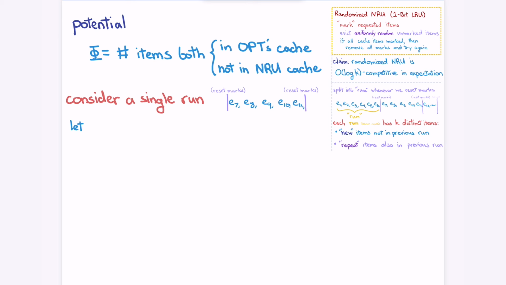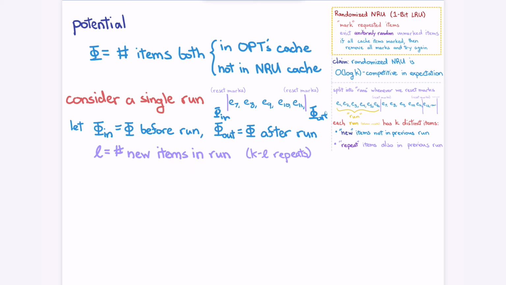Let's look at a single run. We're going to let phi in denote phi at the beginning of the run, and phi out denote the one after. Over the course of the run, the potential is going to change. It may go up, it may go down, depending on to what extent we resemble OPT's cache.